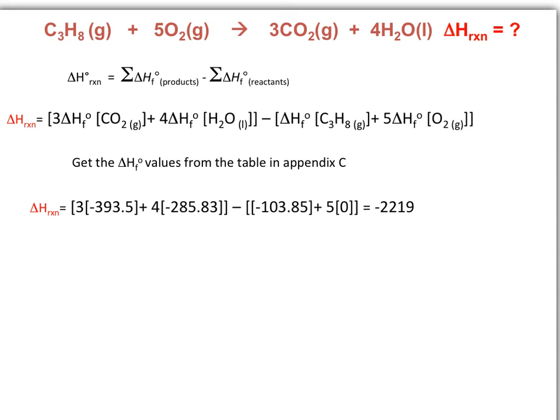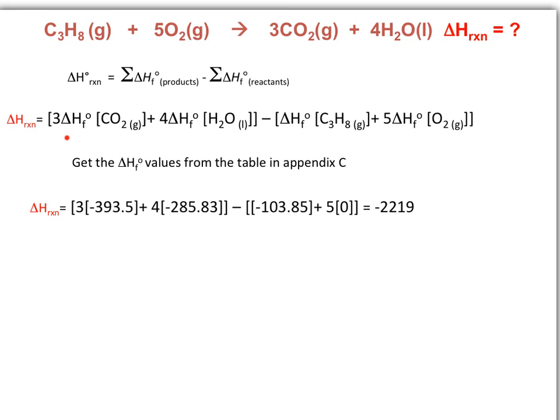So what we would do, products in this case are CO2 and H2O, gaseous and liquid state. So we would go to the back of the book and get those numerical values. Okay, we would do the same thing for our reactants. Okay, so C3H8 in the gaseous state and O2 in the gaseous state, we would get those numerical values.